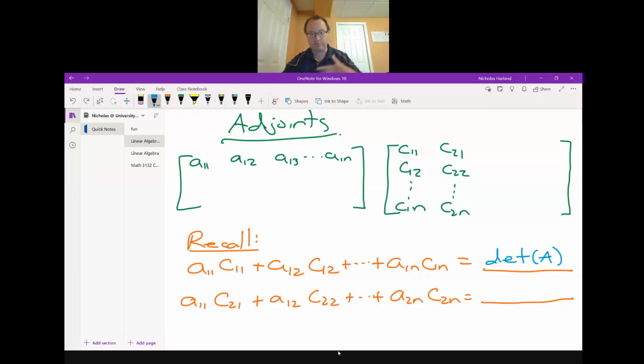Another question that was briefly touched upon in some of the properties is what if we took the same A's but multiplied them by the different cofactors? So instead of the cofactors of the first row, we multiply them by the cofactors of the second row.